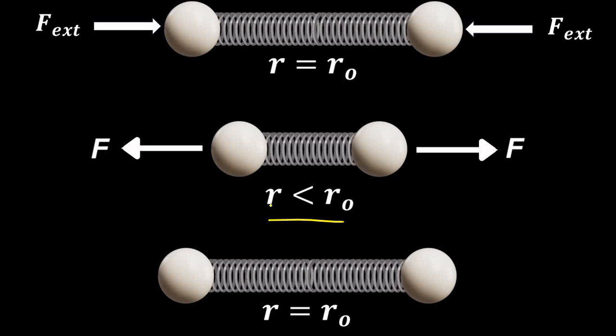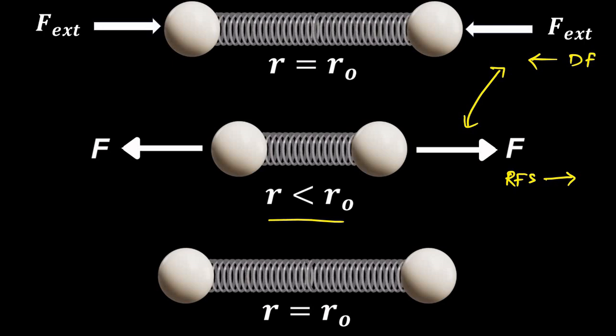It again acts in the opposite direction to the externally applied force and tries to restore the spring back to its original equilibrium position, the mean position. So this is the deforming force again, this is the restoring force of the spring. This acts in this direction, and this acts in the opposite direction.